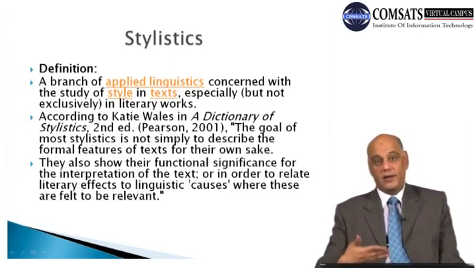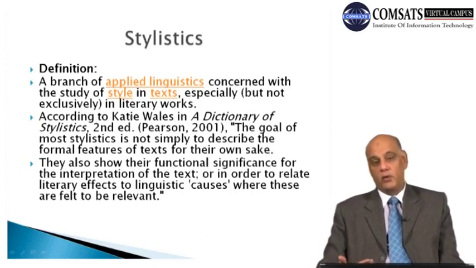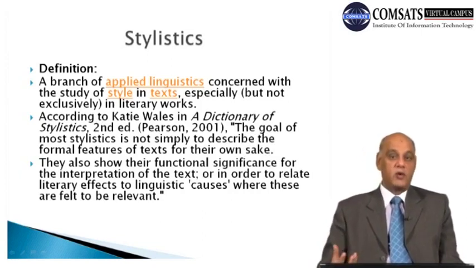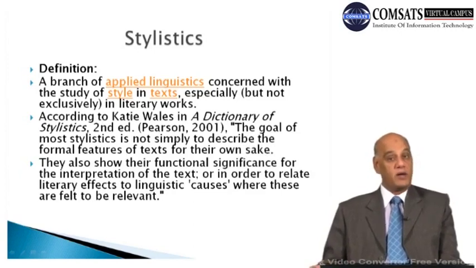In order to understand a text, you are looking at the devices. Those devices will help you understand the overall impact of the text, how the text was produced, what the writer wants to say, what the hidden underlying meaning of the text is, and what the writer had in mind when producing a certain text.